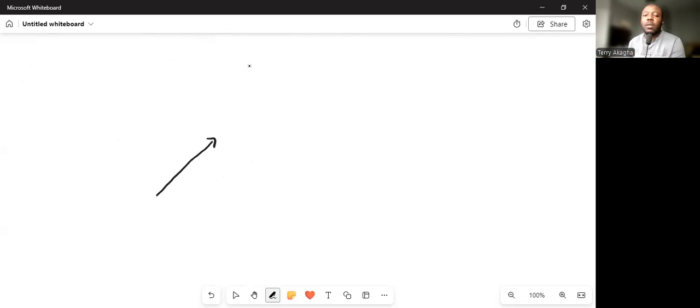So let's say we had vector OP, and we've all agreed that we have the x and y components. So we have the y here, we have the x here. So this is x and y. And we then have a third component, which is the what? The z.